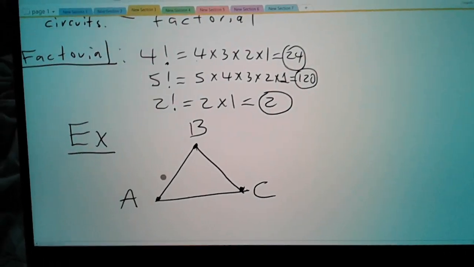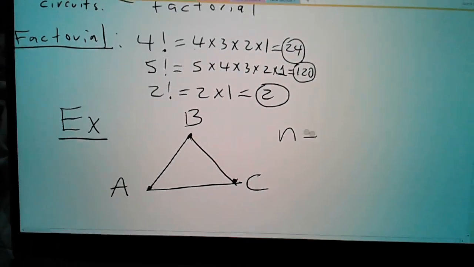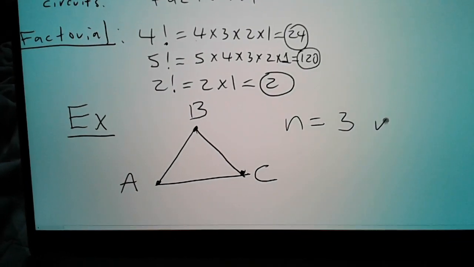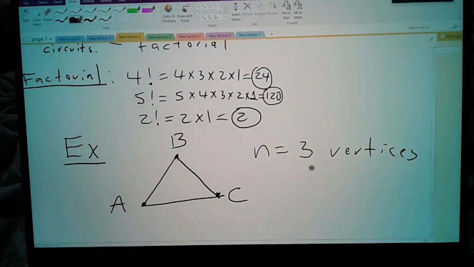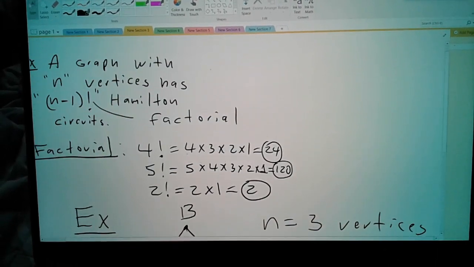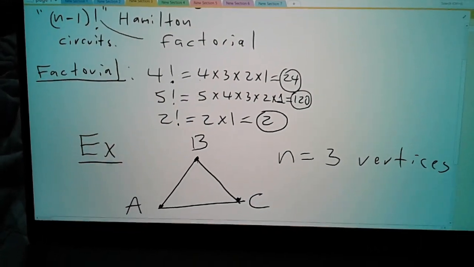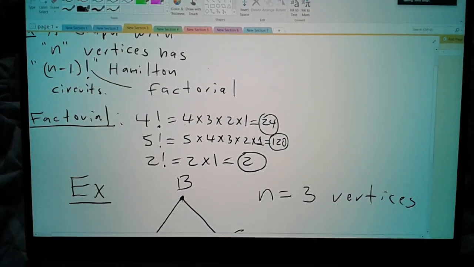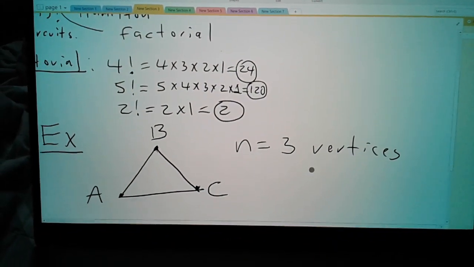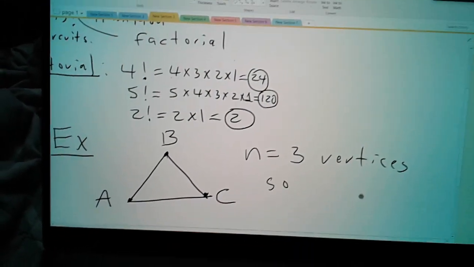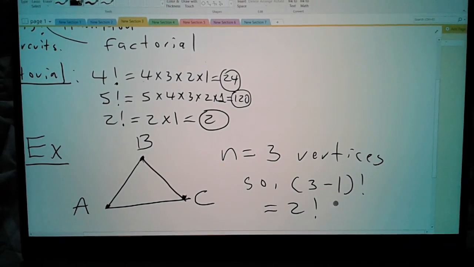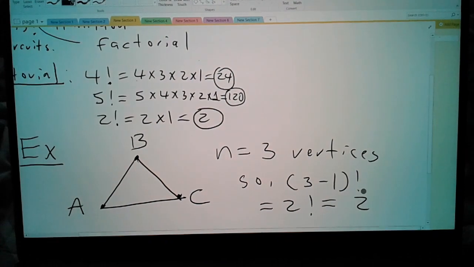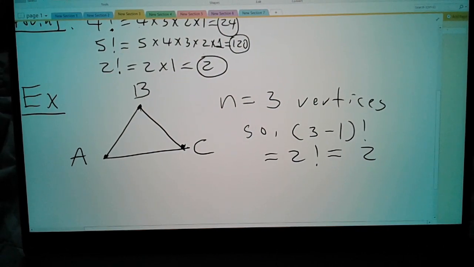So it looks like a triangle, right? So I have n equals 3 vertices in this. And so how many Hamiltonian circuits am I going to have? N minus 1 factorial is what I have to do. So that's 2 factorial, which is 2. So there's going to be 2 circuits in this one.